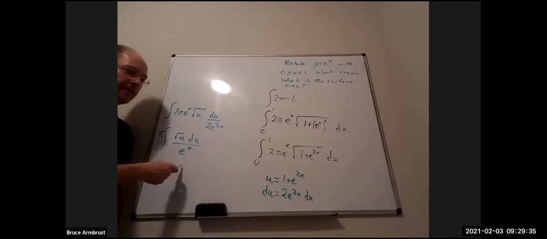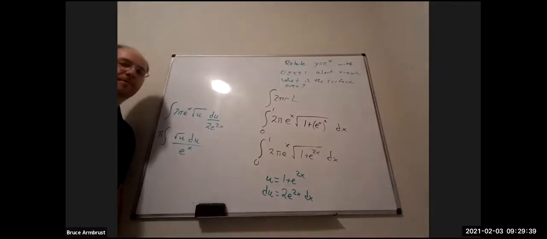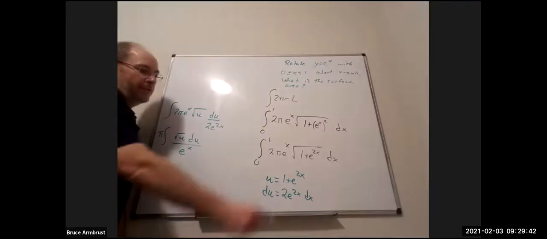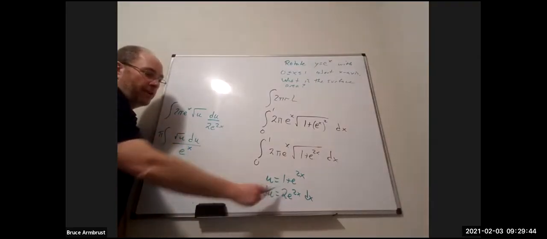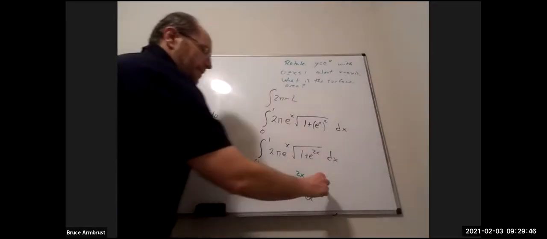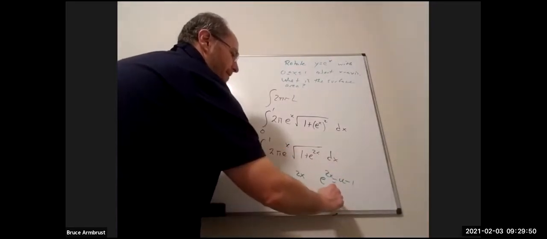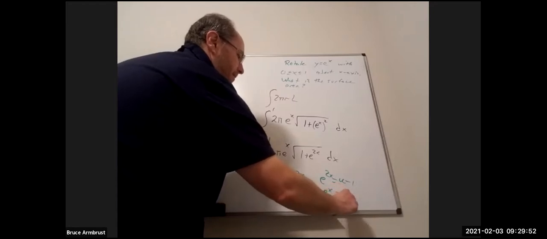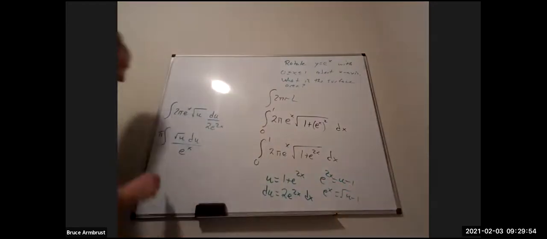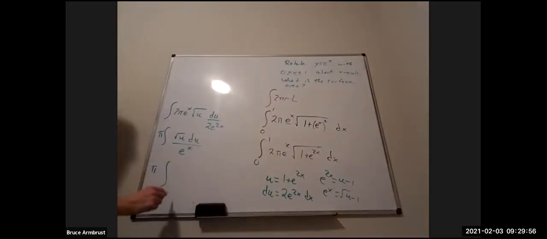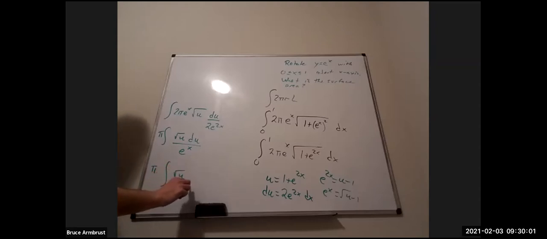So somehow we've got to get rid of that e to the x. Well, we'd have to use this first equation and solve it for e to the x. So you get e to the 2x equals u minus 1. So e to the x is the square root of that. I actually don't think that that's any better.